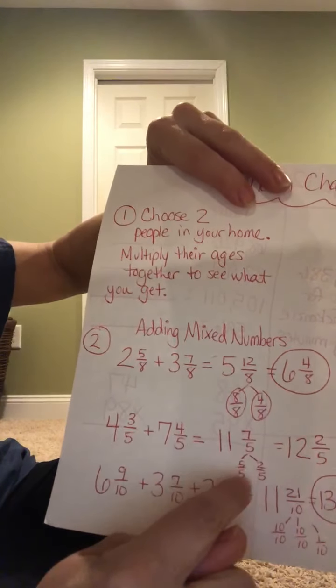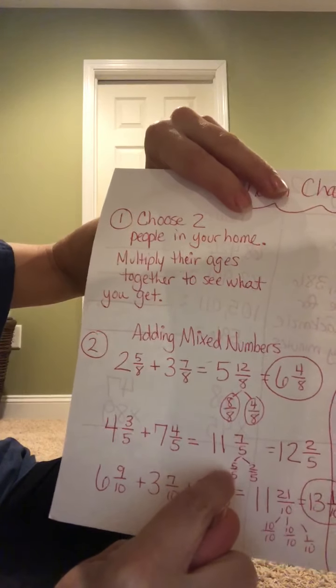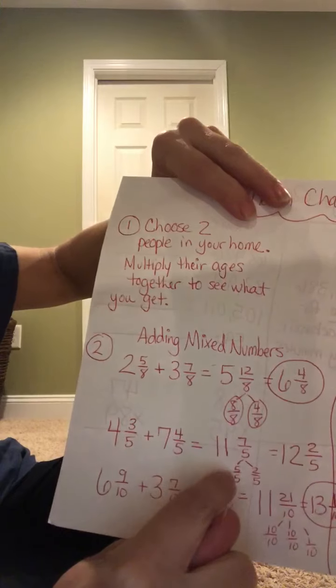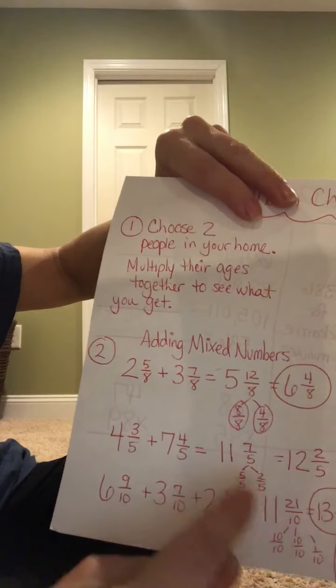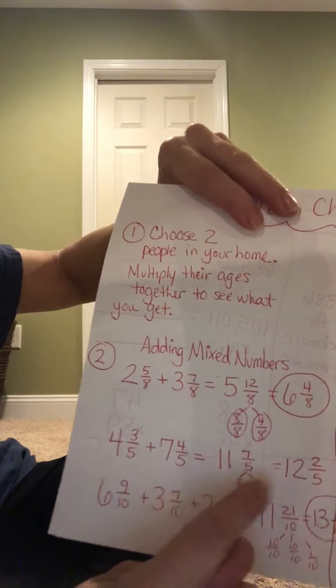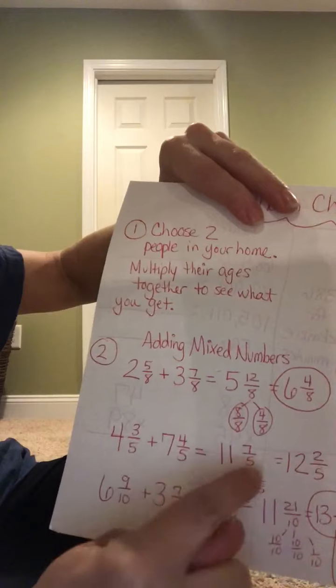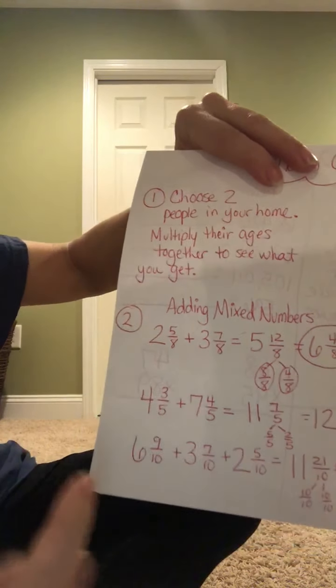And then I take out whatever's left. I have 7 as my numerator. So far I only had 5, so how many more does it take me to get to 7? 2 more. 5/5 and 2/5. Okay, so I don't have 11 whole pizzas, because here's another whole. I have 12 whole pizzas, and my fraction left over is 2/5. So I have 12 and 2/5.